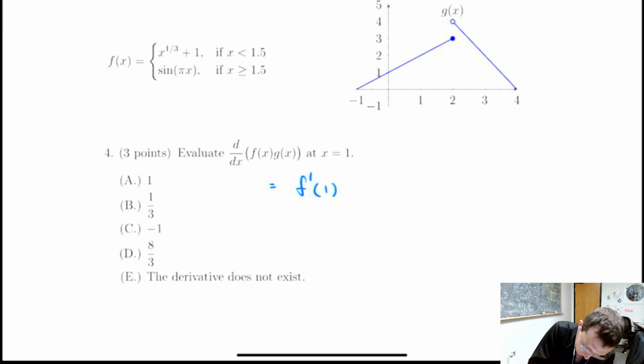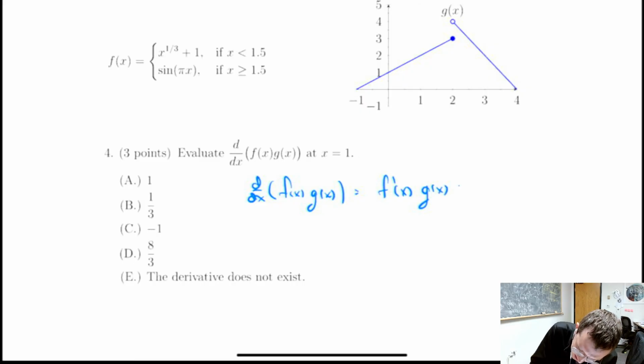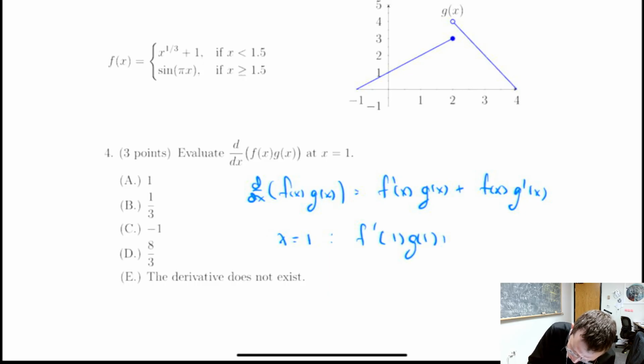So the derivative of a product of f and g is f prime of x times g of x plus f of x times g prime of x. And they wanted to know this at x equals 1, so it's f prime of 1 times g of 1 plus f of 1 times g prime of 1.